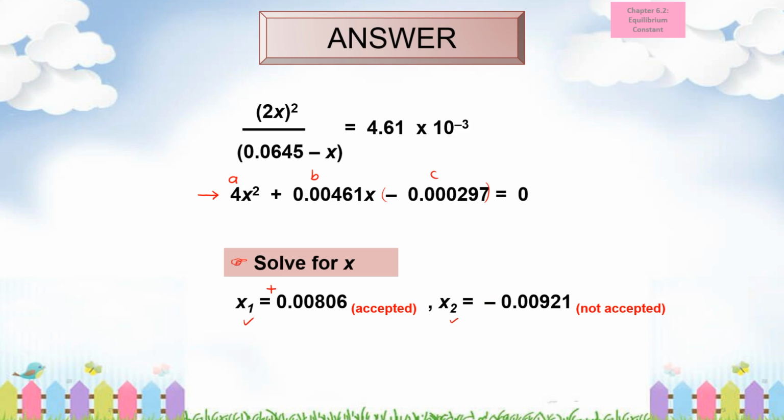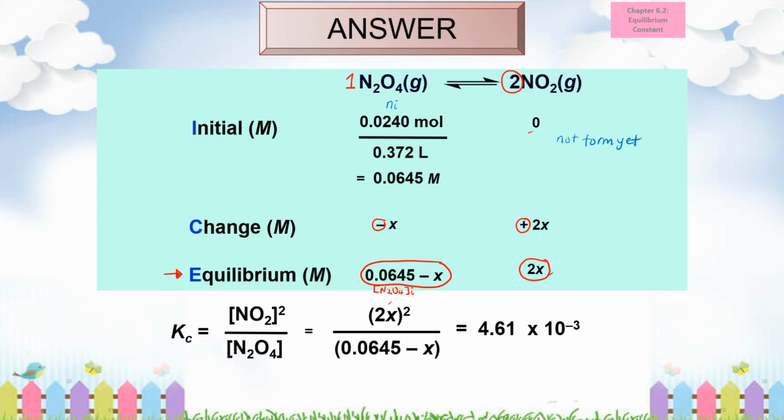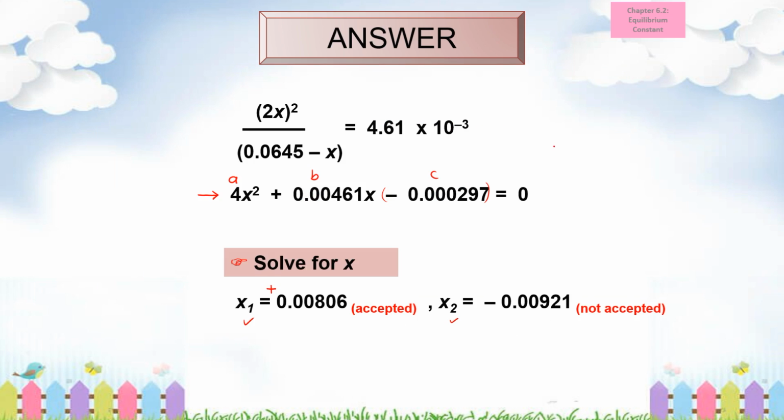So which one should we choose? Same thing as the previous calculation, we prefer the positive value. But why? Refer back to the ICE table. At equilibrium, the concentration of NO2 is 2X, which means the NO2 concentration is referred to as 2X.